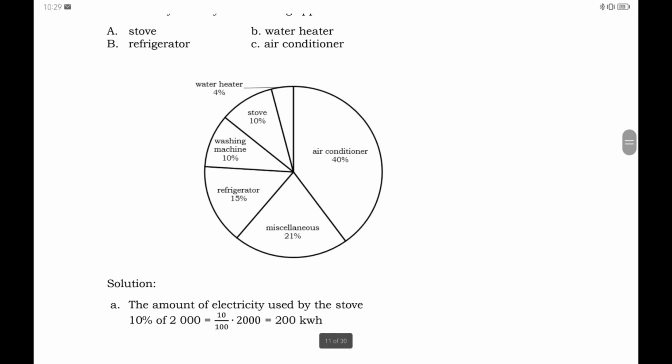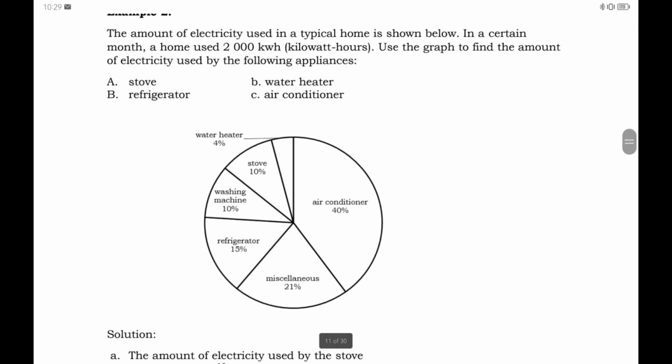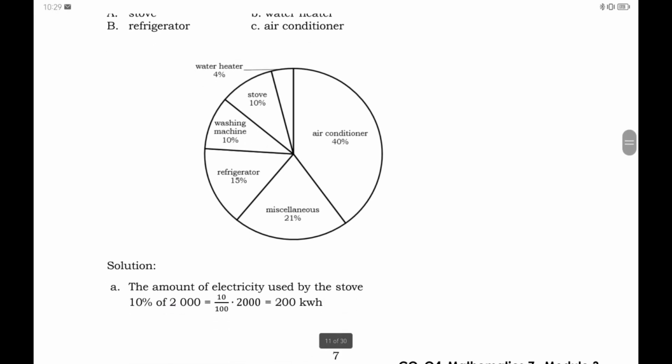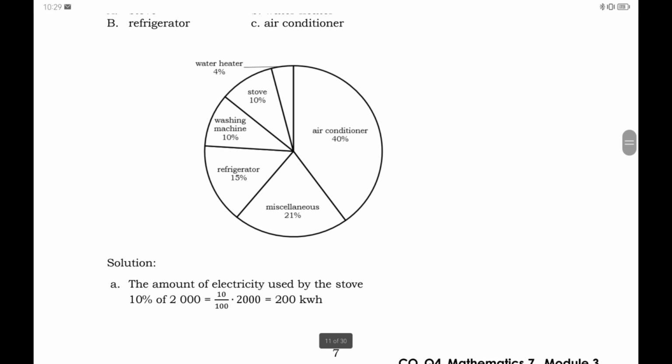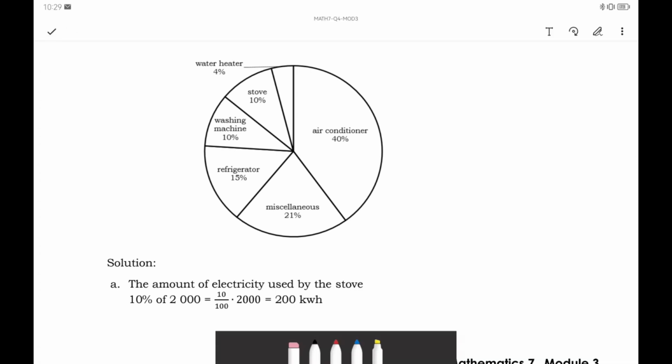Now first one, we need to find the amount of electricity used by the stove. So we have here stove, which is 10%. So 10% of 2,000, since the kilowatt hours used is 2,000.